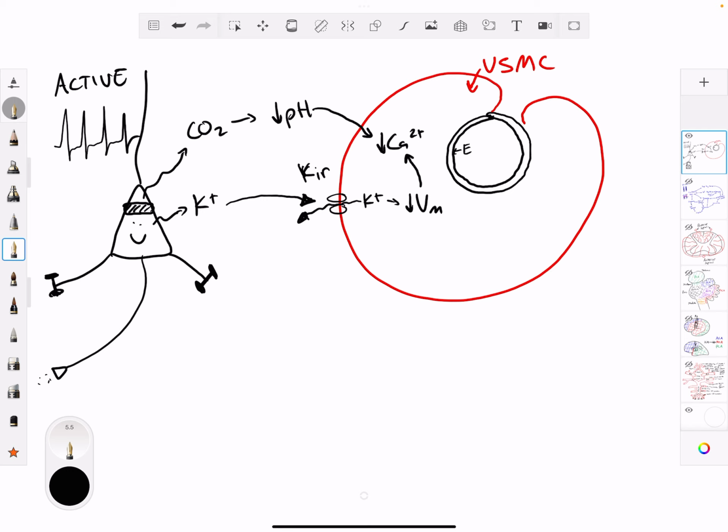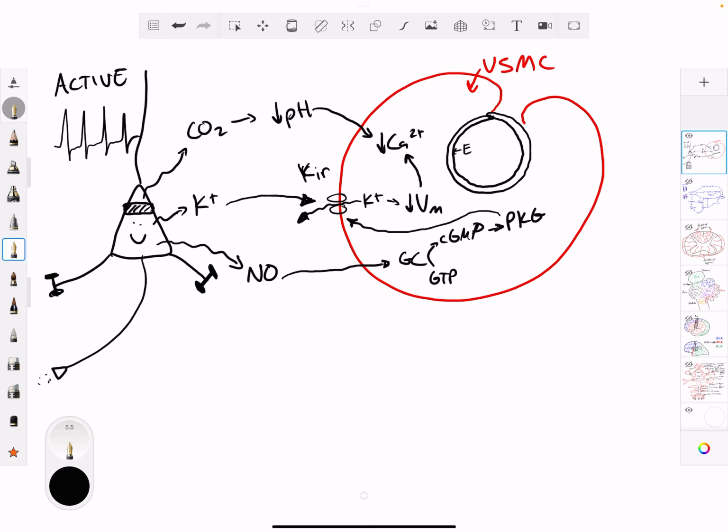The last thing we also spit out here, nitric oxide. All right, that's going to go in here. It's going to activate guanylyl cyclase. That's going to take some GTP, turn it into cyclic GMP, and that activates protein kinase G. All right, what's going on here? Well, a few things.